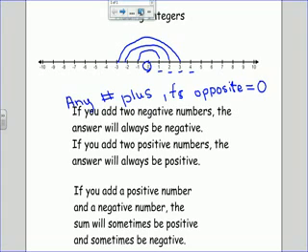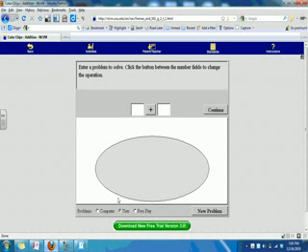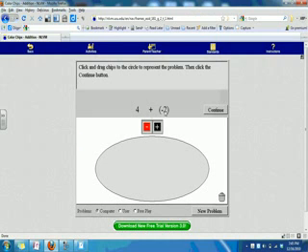You're going to want to practice adding these integers for quite some time. You want to be able to do this without any hesitation. One way that you can practice this skill is using this site, and it's available on the website. You can practice it just using the computer, where it randomly gives you several problems and you drag it in.